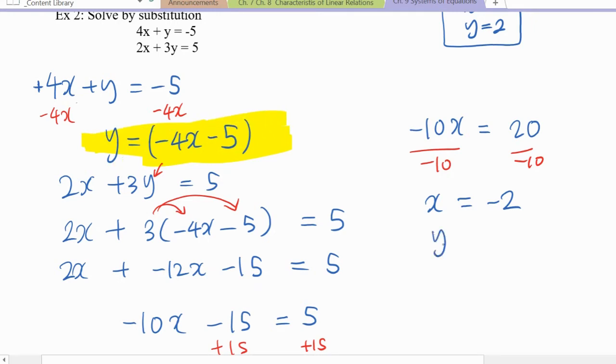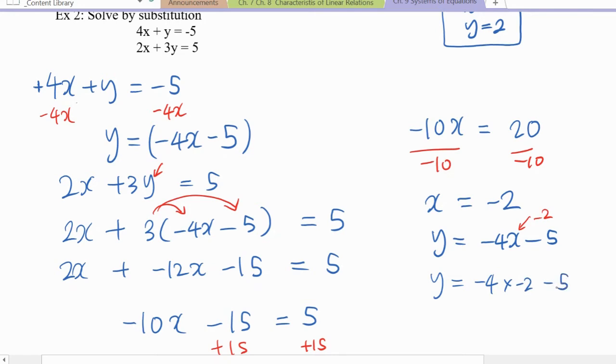So y equals negative 4x minus 5, right? And we know that x is negative 2. So we're going to plug negative 2 into x. Then y will be negative 4 times negative 2 minus 5, right?